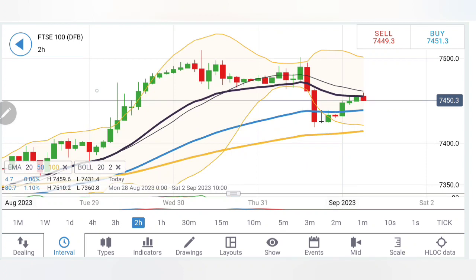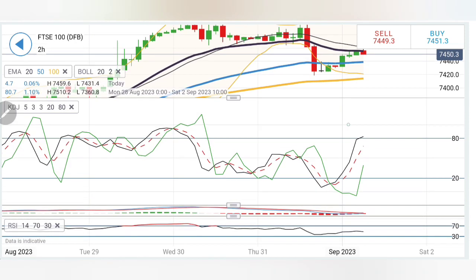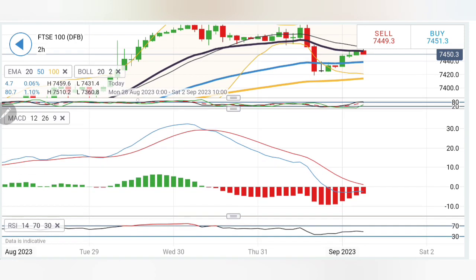Coming to the 2-hour charts, you can see a drop here, the retracement, and now it is trying to look downwards. An important point is, see, higher lows, higher highs. It has to break below this zone in order to confirm a little drop, but then 7440, 7420 is always going to remain a good support zone. Stochastic is overbought. Now see, MACD has seen good bearishness.